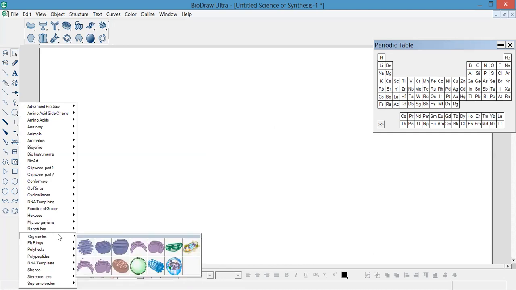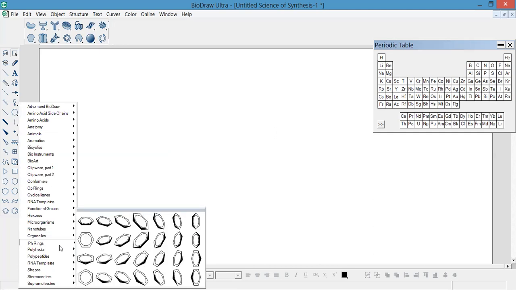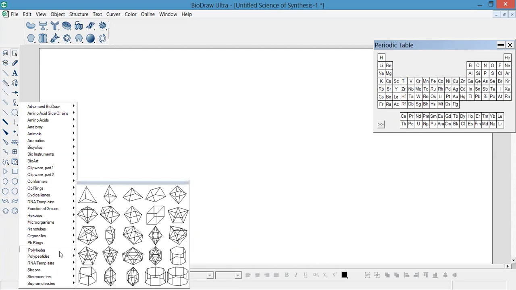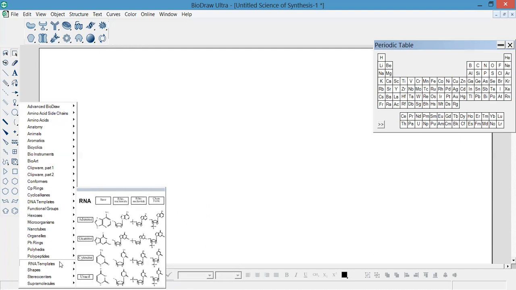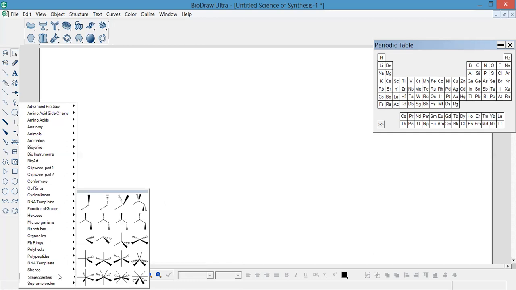This also includes different cell organelles, like amoeba, mitochondria, ribosomes, like this. There is the phenyl ring system. These are the different polyhedron systems, representing the crystal structure. These are the different polypeptides. These are the RNAs. These are the different shapes. This is the stereochemistry to represent RS nomenclature.